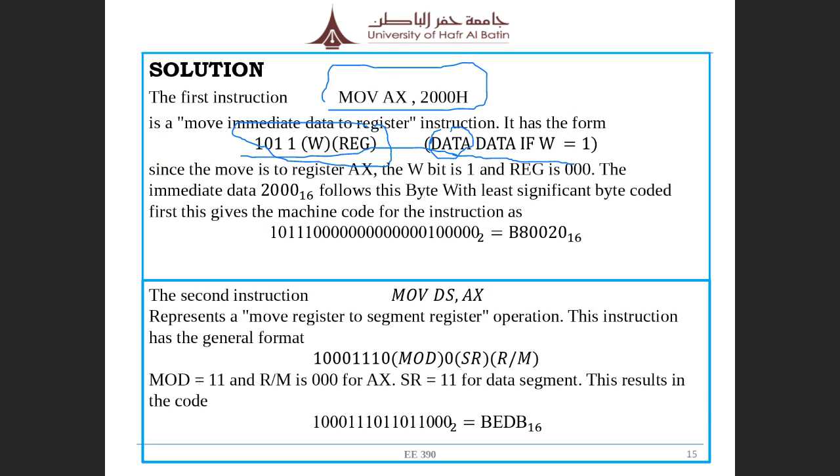All right, 2 byte. So if it is a 16 byte, the lower byte will come first and then the higher byte. Is that okay? You can see, it is this one now. So first byte is B8, and the second byte will be the lowest byte of the data, and the third byte will be the highest byte, the MSB byte of the data.